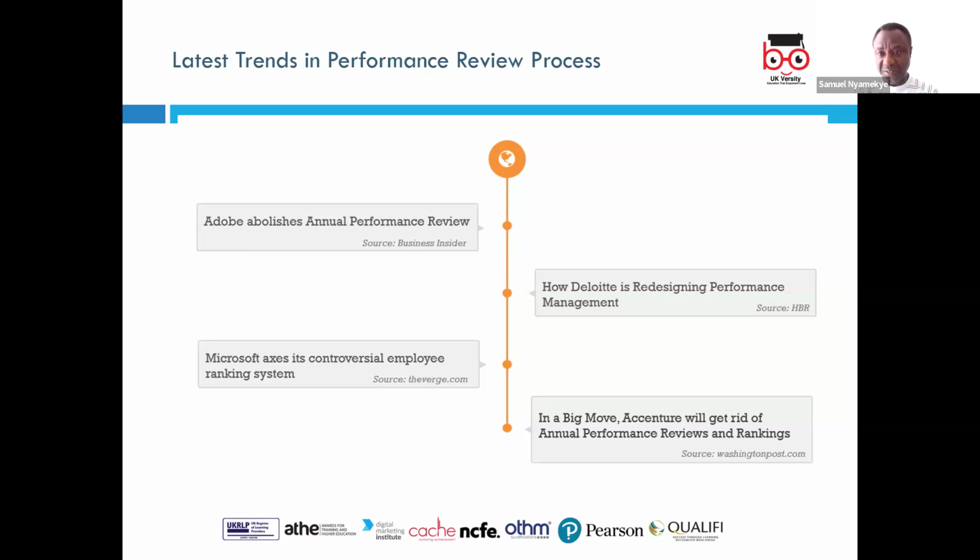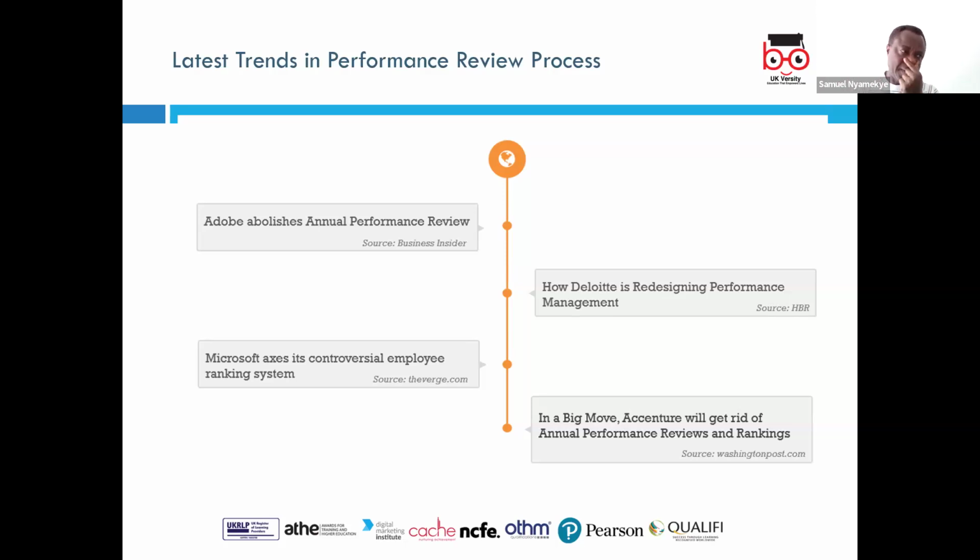Deloitte, very solid company. They also said that, no, it looks like our practices are completely out of step with our organizational needs. So now we have to redesign, re-engineer everything to make sure that it's in line with what we are able to achieve. Microsoft's one is quite interesting because they were using the ranking type.